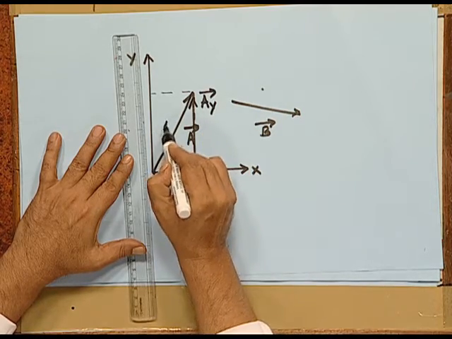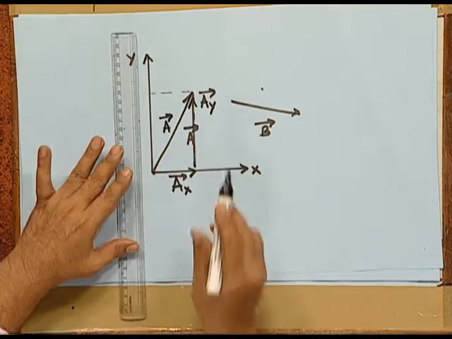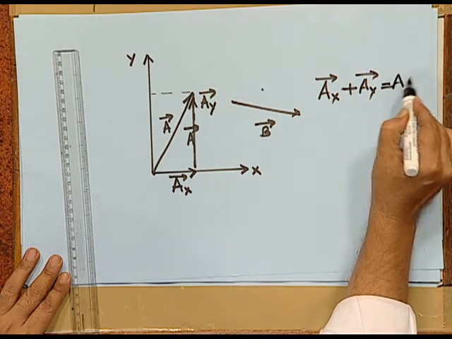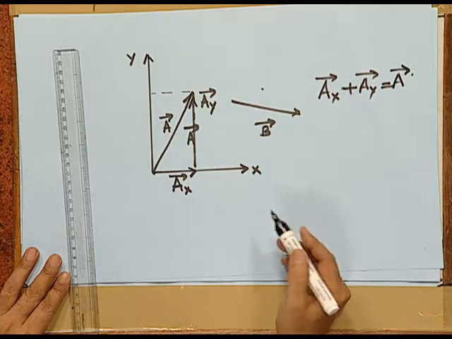Now, do you see that this vector A is decomposed into two vectors which are mutually perpendicular to each other, and the vector along the x direction is called the A x vector and the vector along the y direction is the A y vector. A x vector plus A y vector is vector A. This is called the component method of addition of vectors.